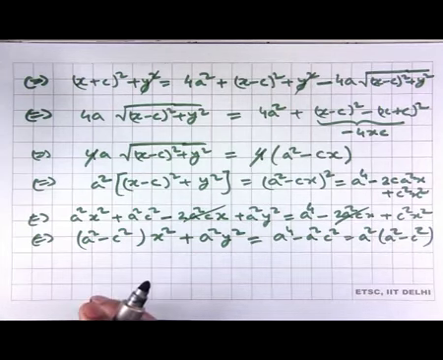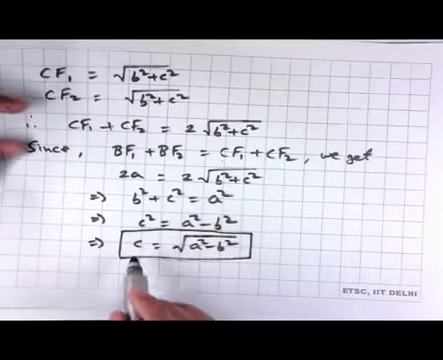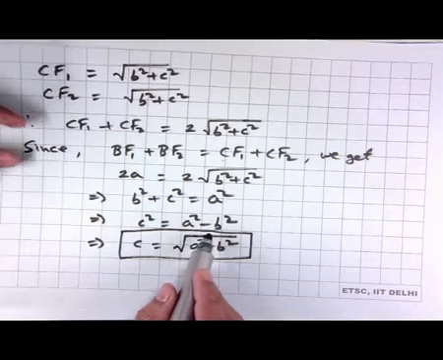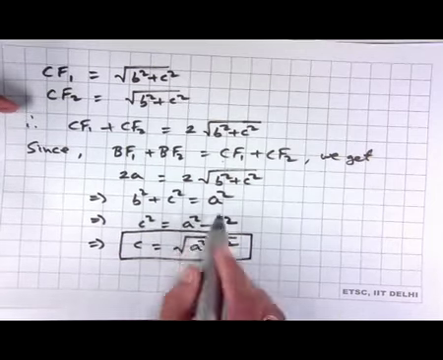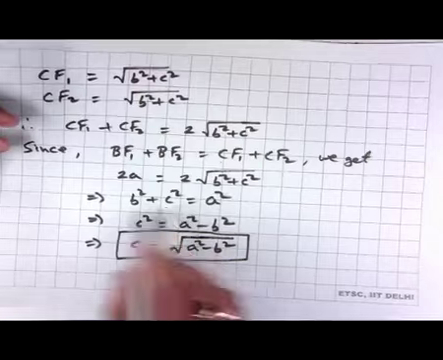But we have seen the relation between a, b and c, which was c square is a square minus b square, or a square minus c square will be b square.